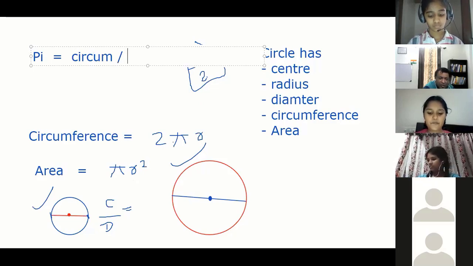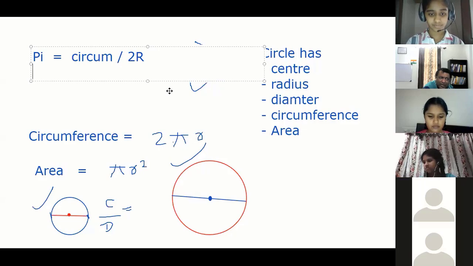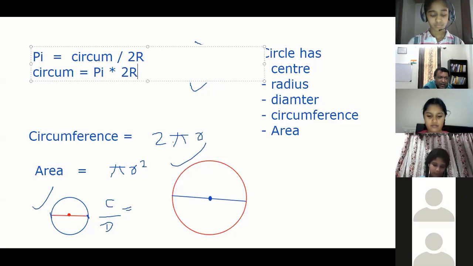Diameter means what? 2 radius, correct? So we take it to the other side, and the circumference becomes pi into 2r. That's what I said, 2 pi r. So circumference is 2 pi r. Area is pi r square. Are you getting it, everybody?